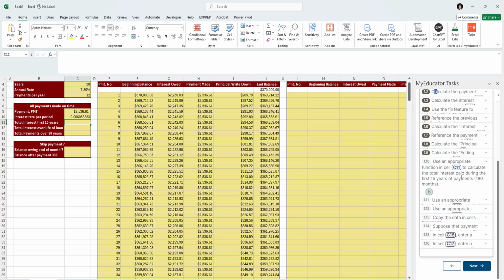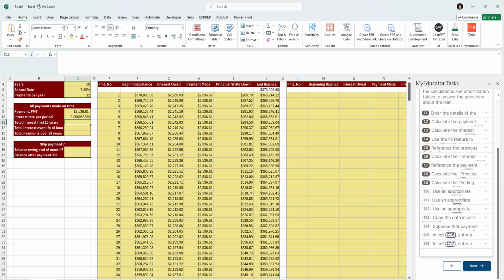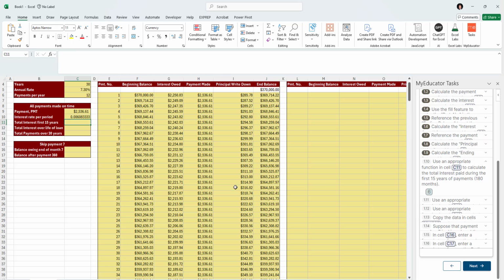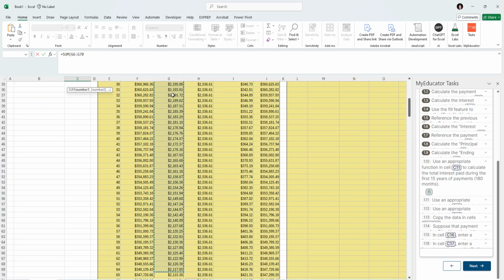Calculate the total interest paid during the first 15 years of payments. It doesn't say it, but it wants a sum function. So let's do it using a sum function. The sum of interest during the first 15 years is the first half, which would be down to row 180.